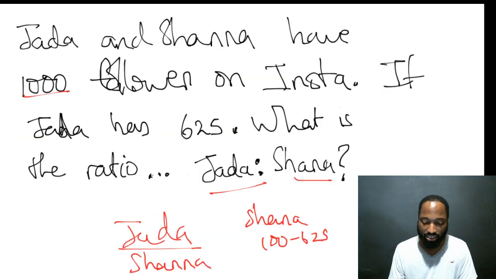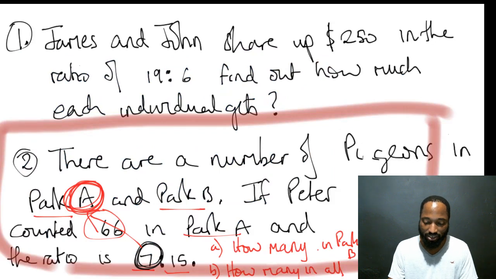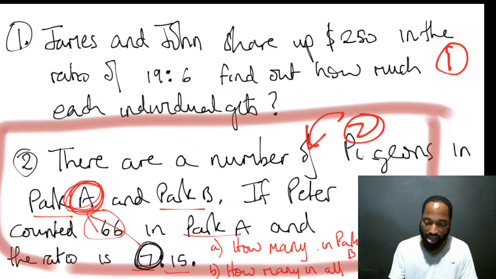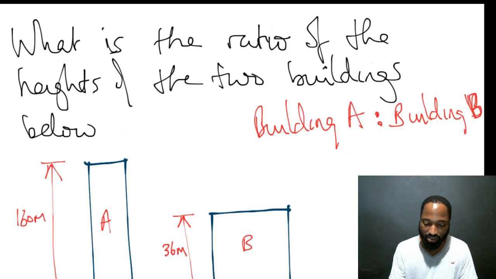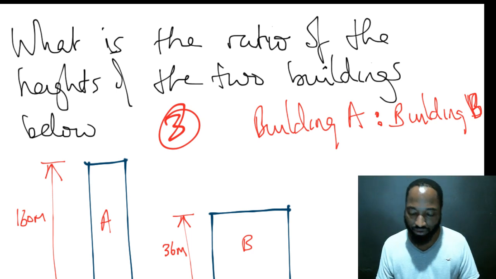And then there's this way, if they didn't give you the ratio at all and you had to find the ratio. Then I gave you 3 questions on it. This is the first way, this is the second way, and this is the third way in a graphical kind of question, in buildings. So let me backtrack. We're losing some time in consumer arithmetic there, but that's okay. We have time.